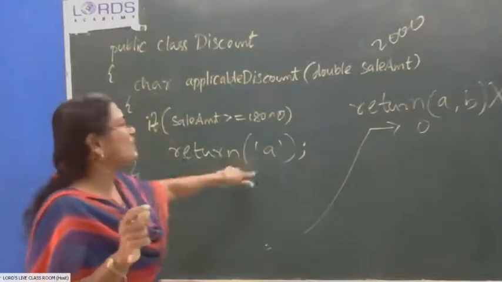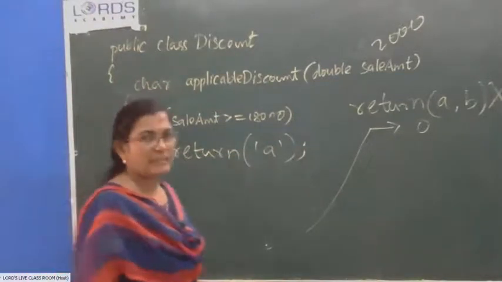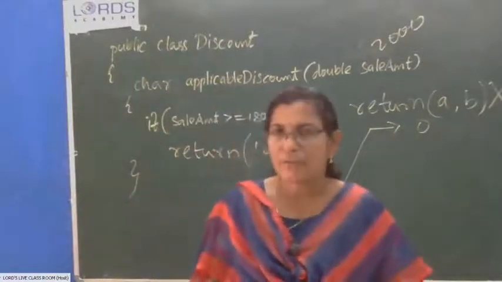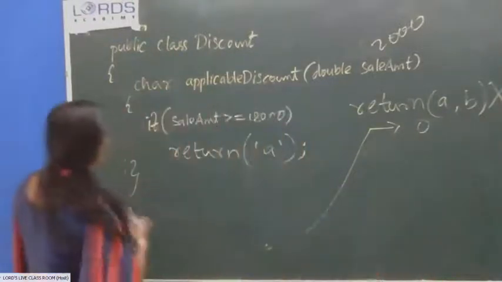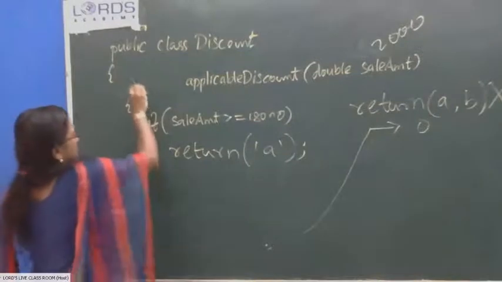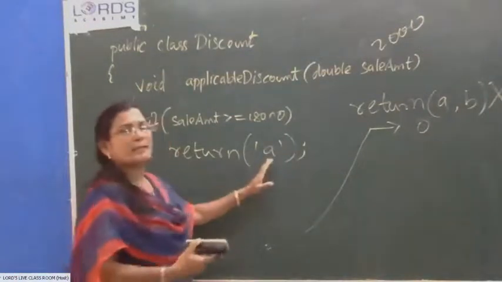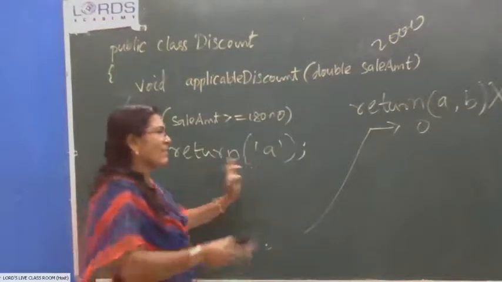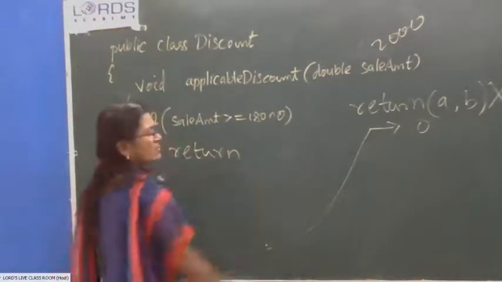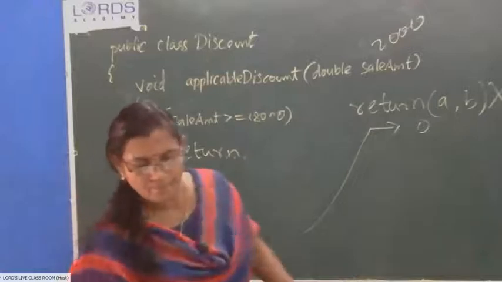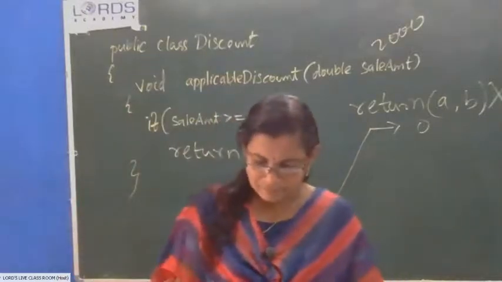Otherwise, if both are different, it will display a data type mismatch error. If you give void here, you will not be able to specify any variable name or any data value along with the return command. Simply the return command. Okay. That's about returning values.